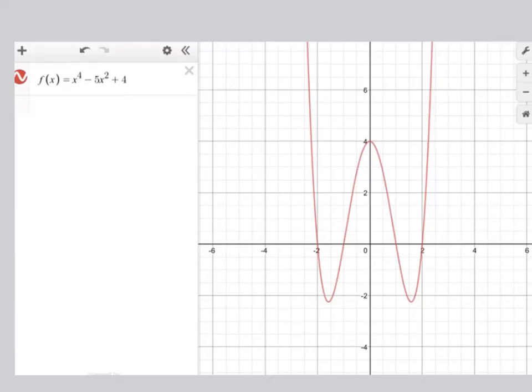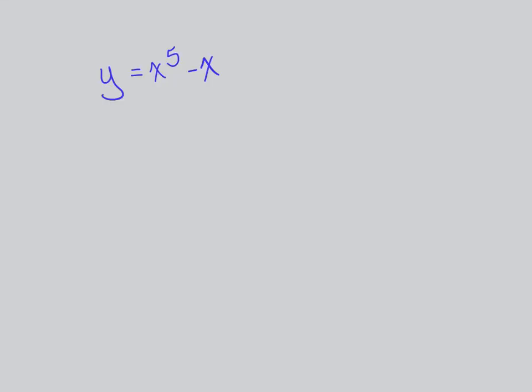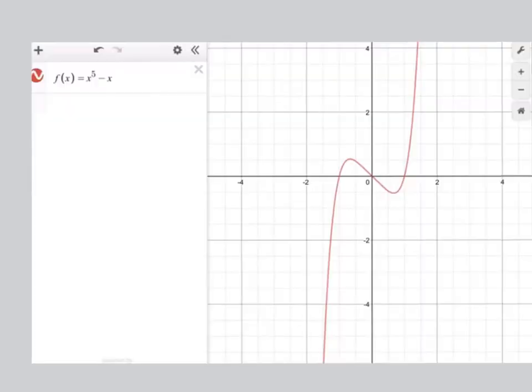Both up. Okay. X to the 5th. Same or opposite? Opposite. Positive slope or negative slope? Good. So we've got that positive. It's not slope, but we think of it as slope.